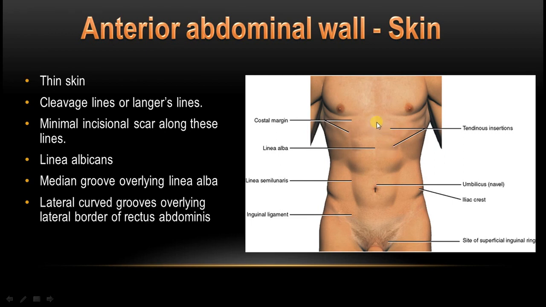These muscles, in a well-built, well-developed person, you can see the impressions of, and which is commonly referred to as the six packs. So that is about the linea albicans and linea semilunaris.